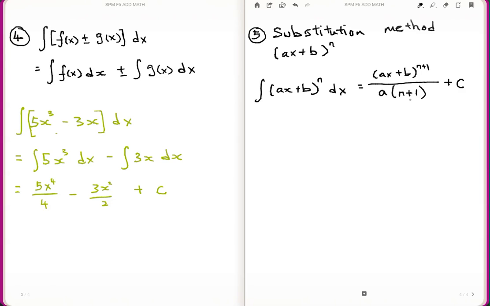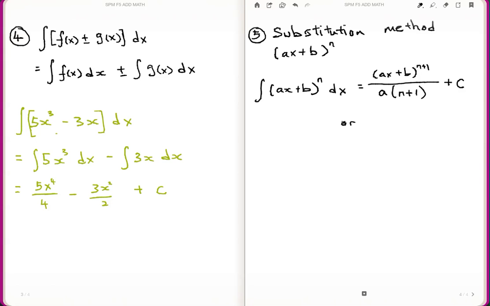It helps you a lot if you take this formula in and remember. A is from here, the derivative of ax, just like how we had one law in differentiation in form 4. Here you differentiate ax and bring it down here. Right?